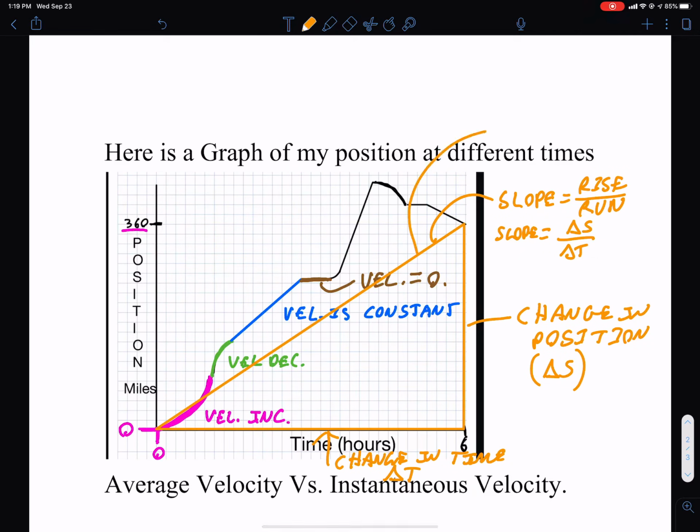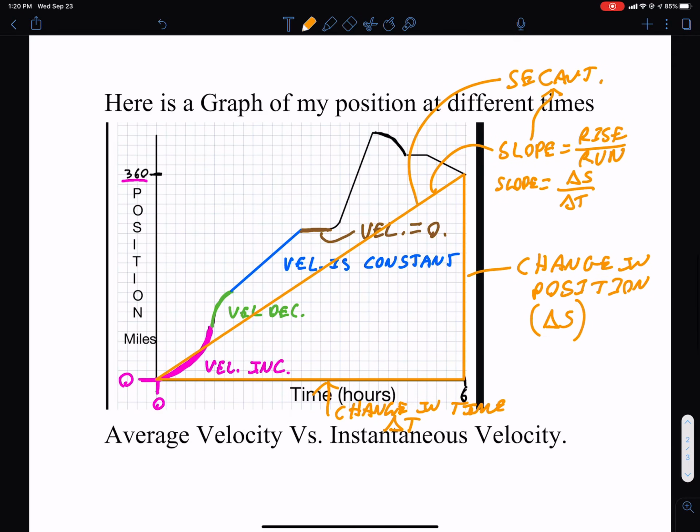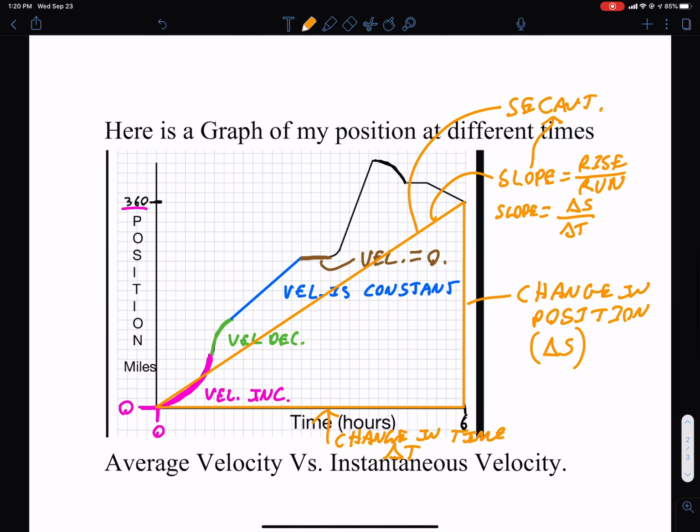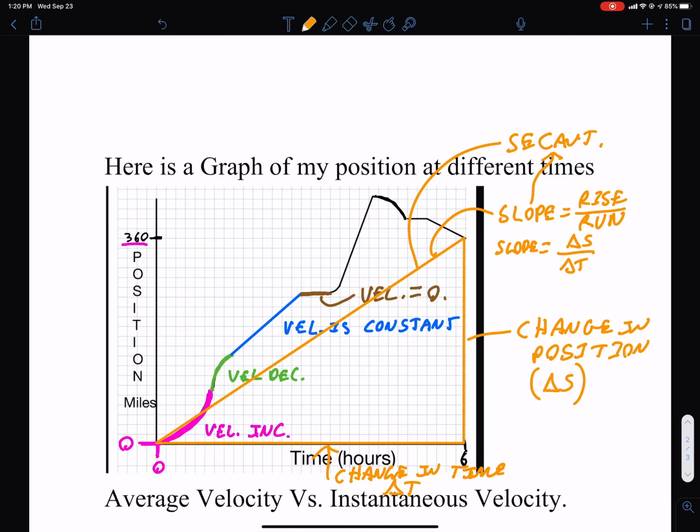This line here is called a secant line. It just connects 2 points on a graph. So this is technically the slope of the secant line. And the slope of the secant line is the average rate of change or average velocity. Wow. So here is the big connection. You need to kind of see this.